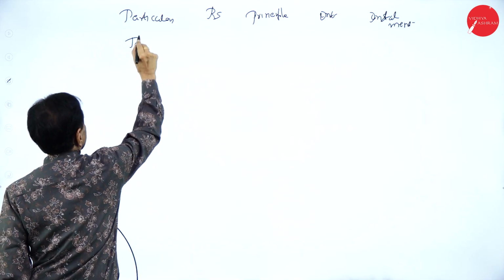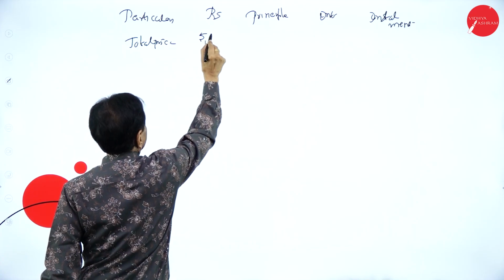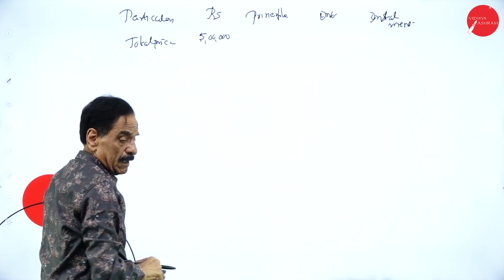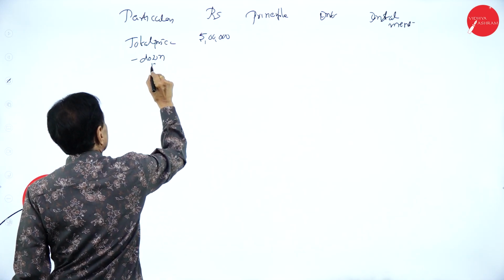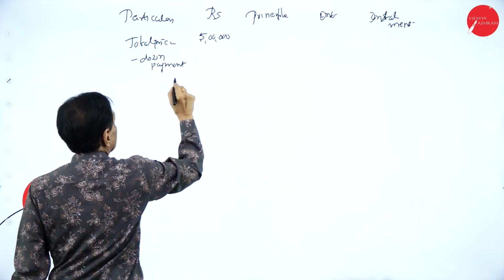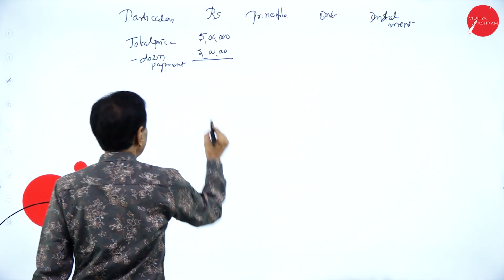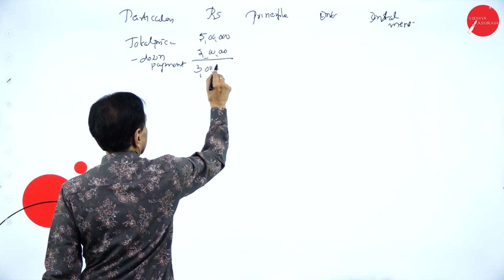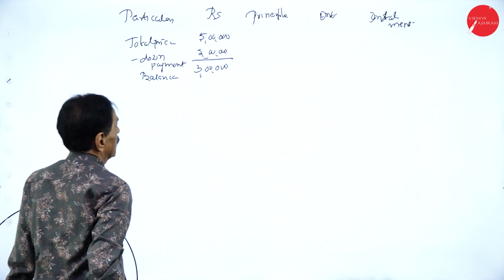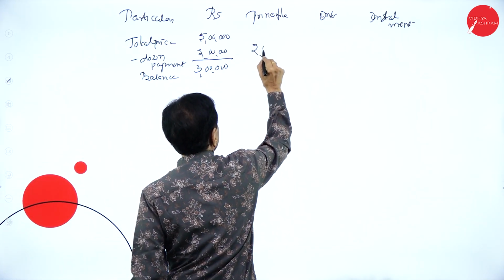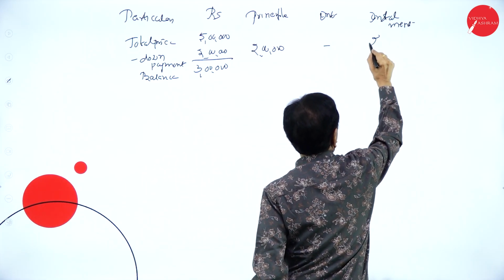Total price 5 lakh, minus down payment 2 lakh. Balance 3 lakh in 4 installments. This is your principal money. No interest for this. For the sake of installment, it's 2 lakh.